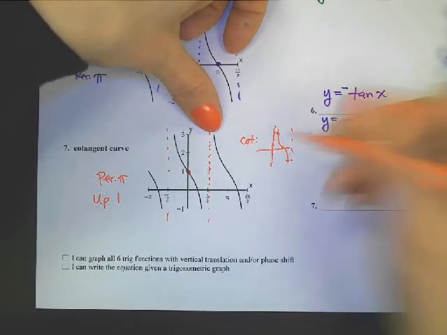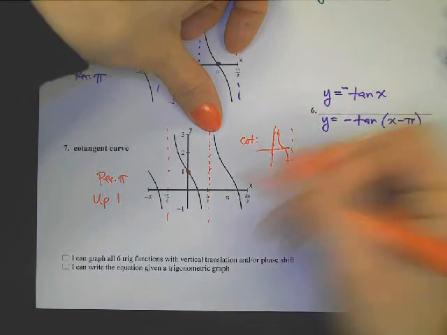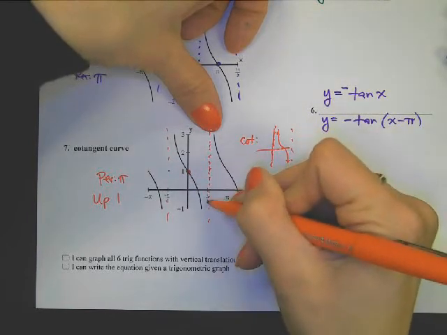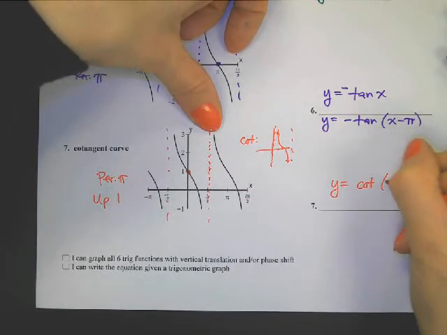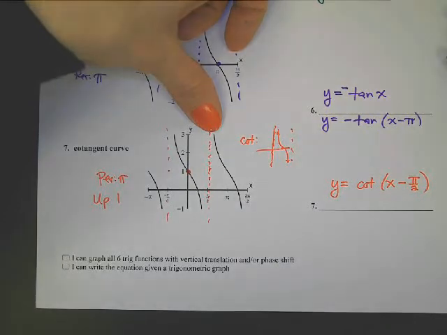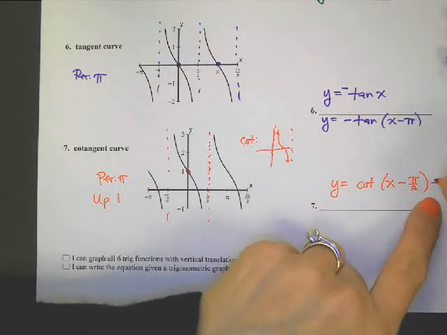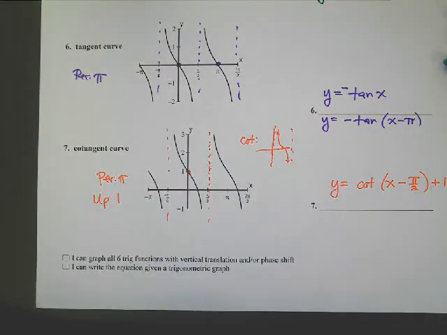It does not have any reflections, so let's start with y equals a positive cotangent. It got shifted to the right, pi over 2, so let's say x minus pi over 2. And is that everything? Oh, we forgot about the up 1, so let's put plus 1.